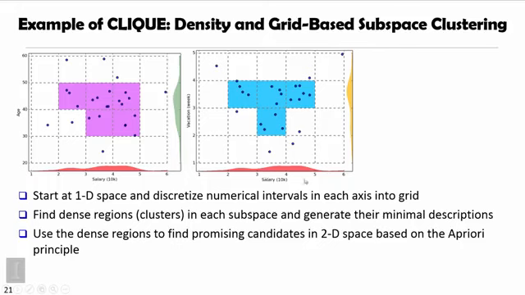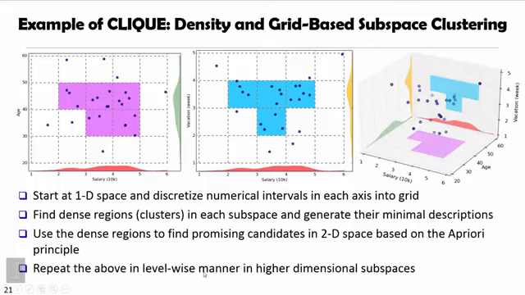Similarly, you can find clusters within the candidate space in salary and vacation. Then we can repeat this process in a level-wise manner in the higher-dimension subspaces using the a priori principle. Simply put, if you find it dense in this 2D part and this 2D part, then you might find the candidates in the 3D region based on their intersections.